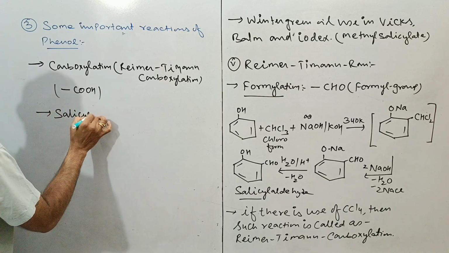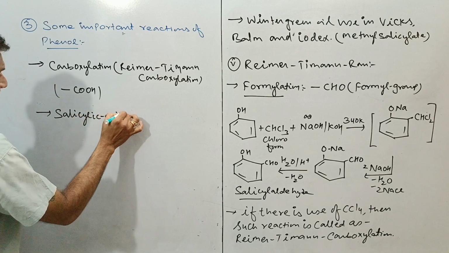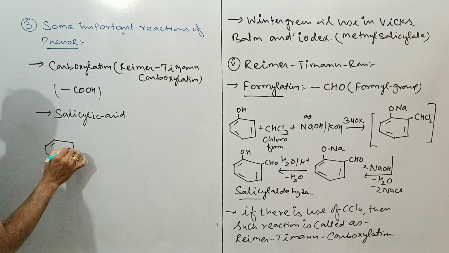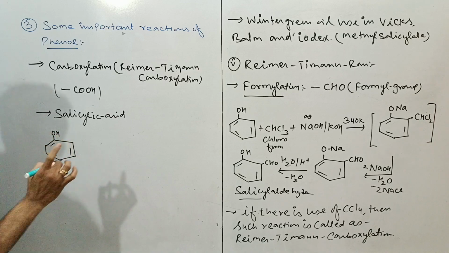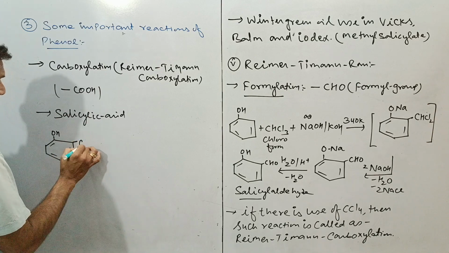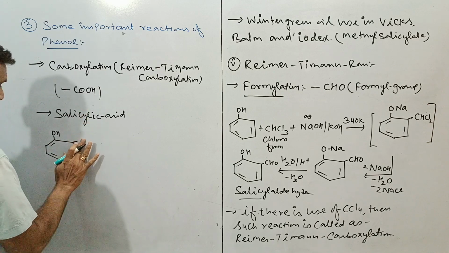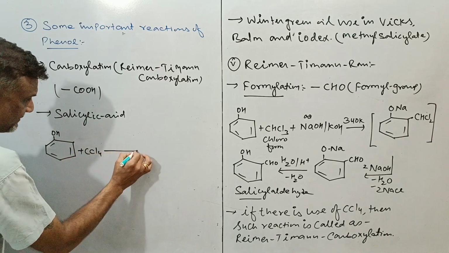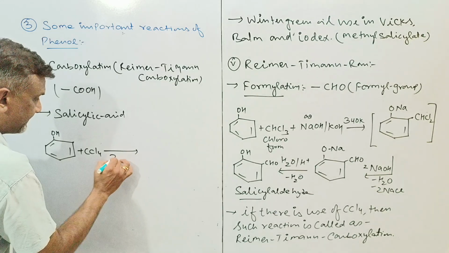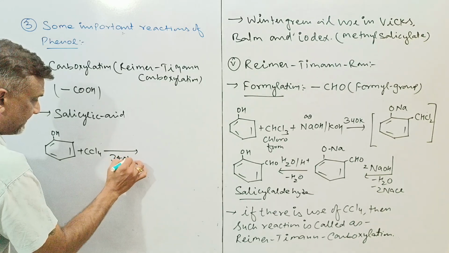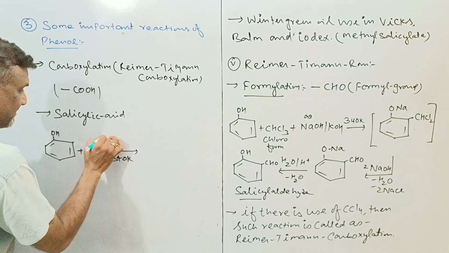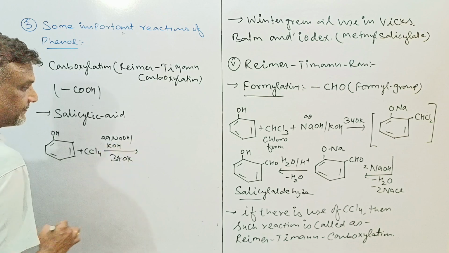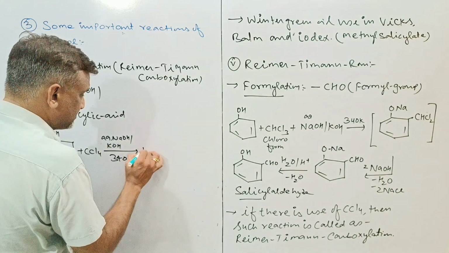Formation of salicylic acid. For this you can take just this is your phenol. The reaction will be the same, the temperature will also be the same. This is the phenol and here we'll take CCl4. Temperature is 340 Kelvin, with the same aqueous NaOH, yeah, you can use KOH, but both should be aqueous.